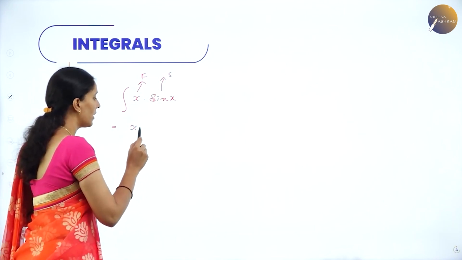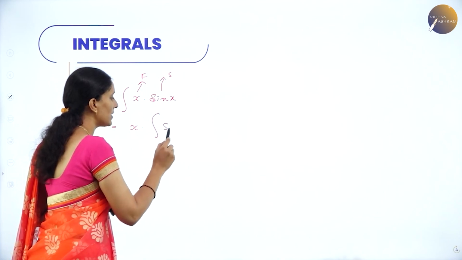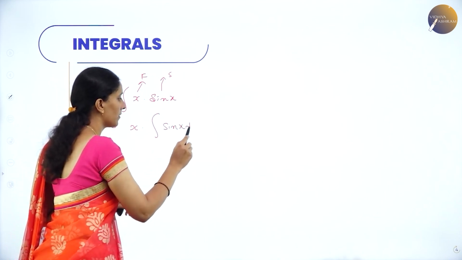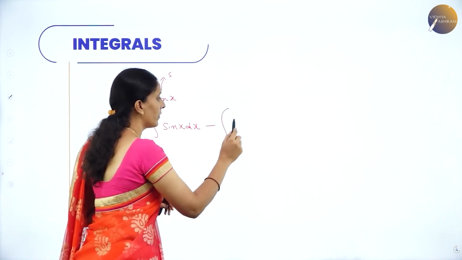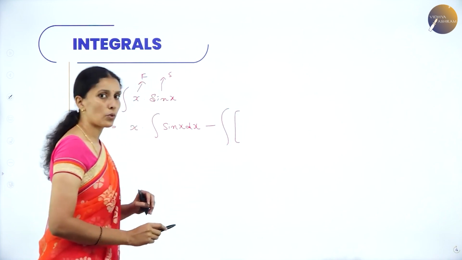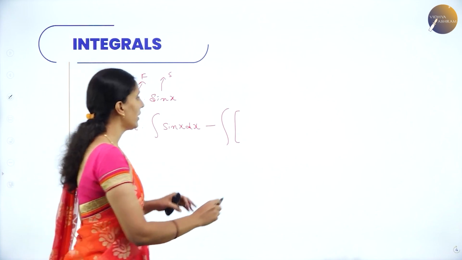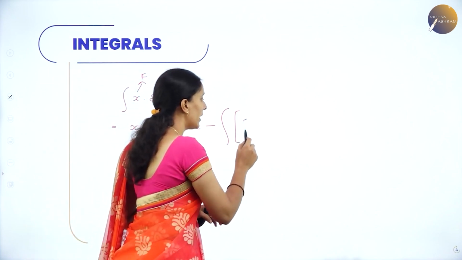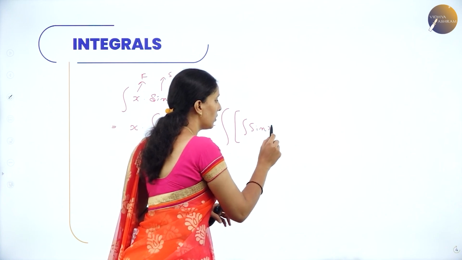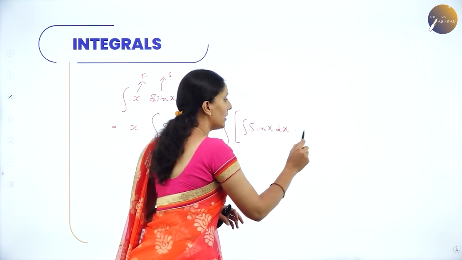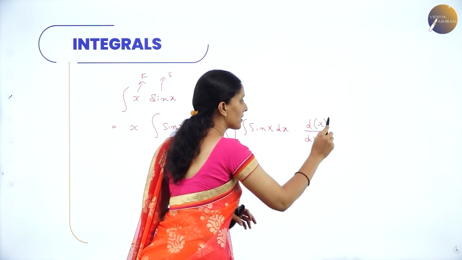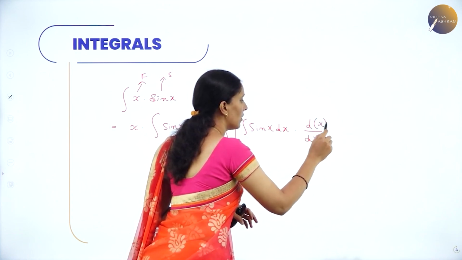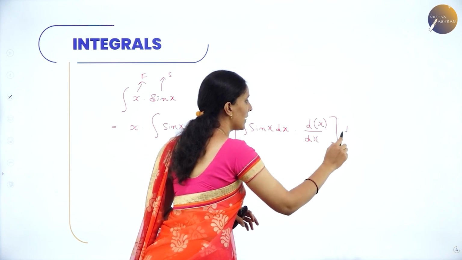First function into integral of the second, minus integral of, within the square brackets, I'll again write, minus integral of second function with respect to dx into derivative of the first function, which is x. So this is with respect to dx again.